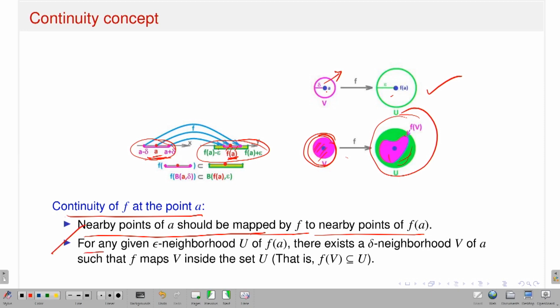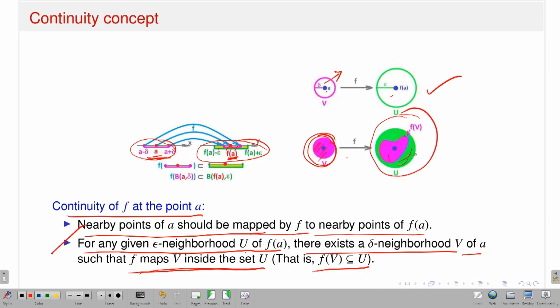So for any given epsilon neighborhood U of f(a), I want to talk about the continuity of f at a. That means for any epsilon neighborhood U of f(a), there exists a delta neighborhood V of a such that f maps V inside the set U. That means f(V) is fully contained in U. That's exactly what I have written pictorially.